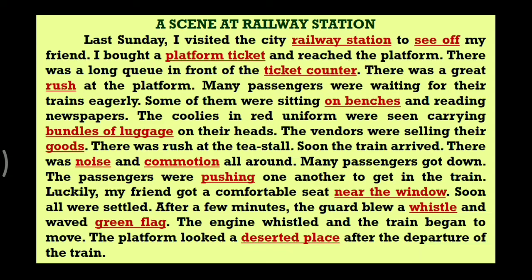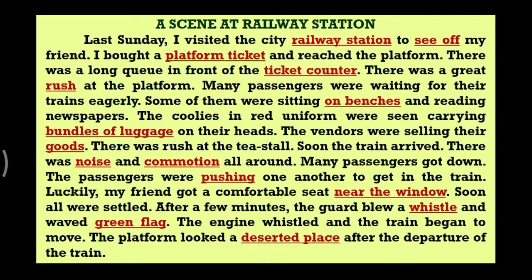The coolies in red uniform were seen carrying bundles of luggage on their heads. The vendors were selling their goods. There was a rush at the tea stall. Soon the train arrived. There was noise and commotion all around. Many passengers got down. The passengers were pushing one another to get in the train.